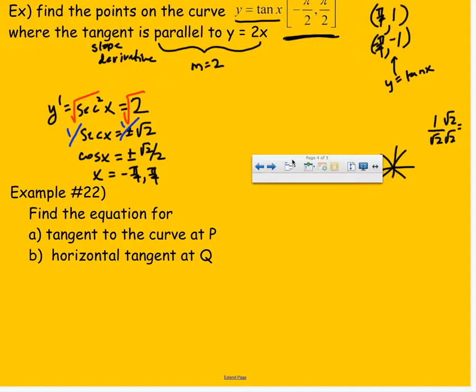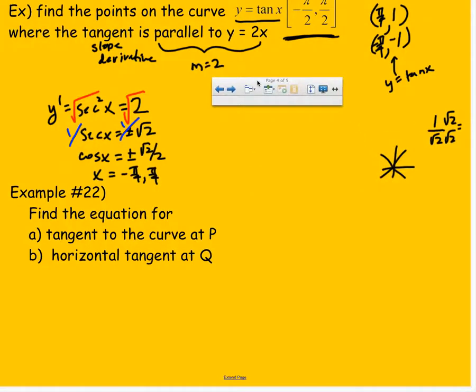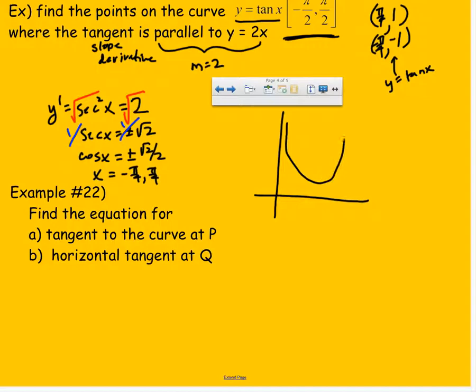So the first thing I want to do is draw the picture that's in the book. It looks a little something like this, where this is Q, and I believe that's a horizontal tangent. And then they have a point P, which if I remember correctly is pi/4.